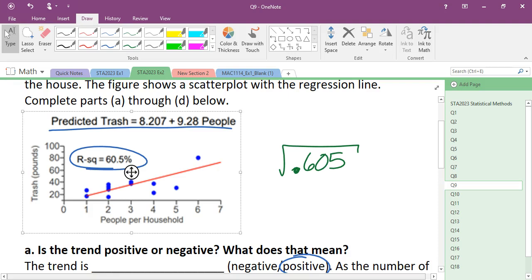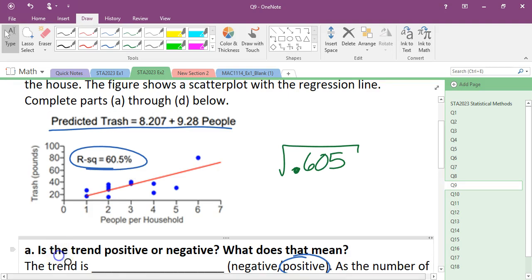So when x is 0, how many people does that mean we have? No. 0 people. Because x is about people, right? So when you have 0 people, what's that intercept telling us? Yeah, there's 8.20 pounds of trash.